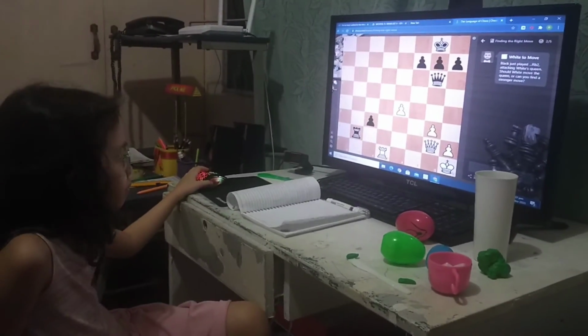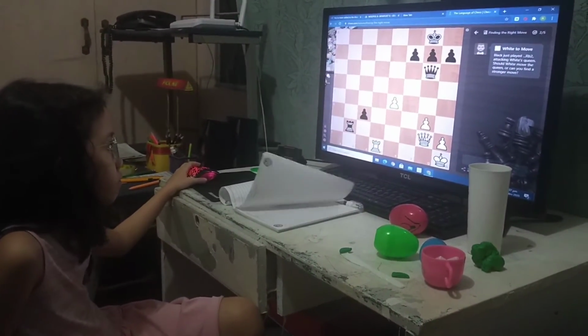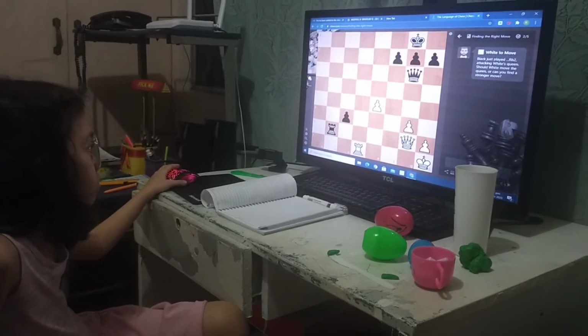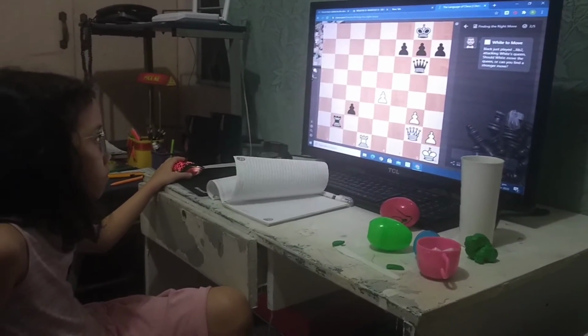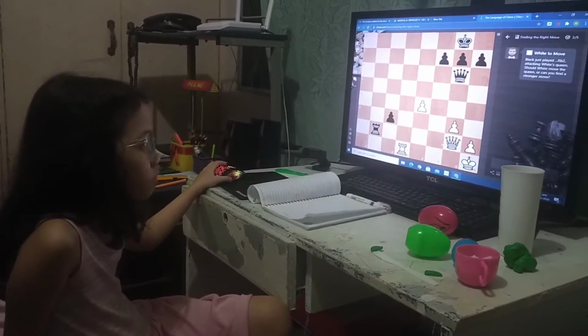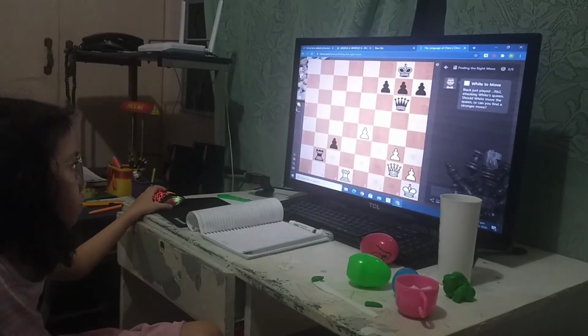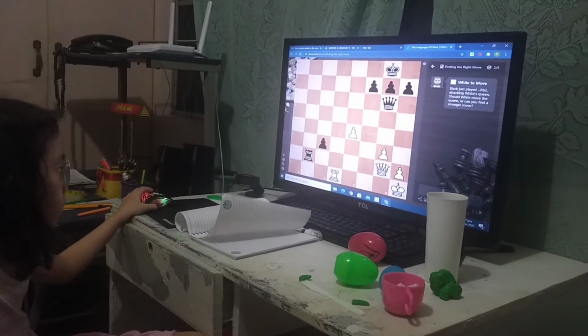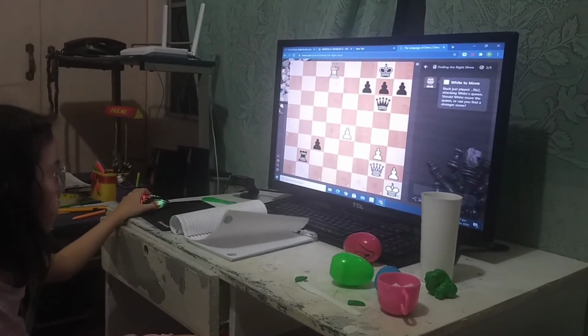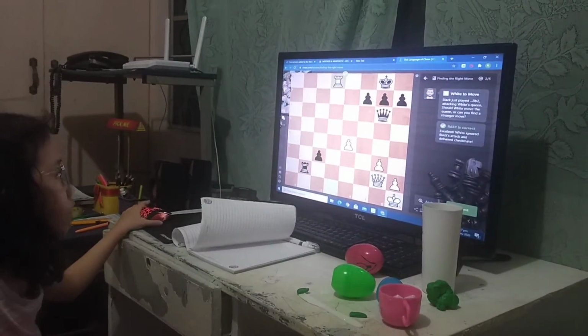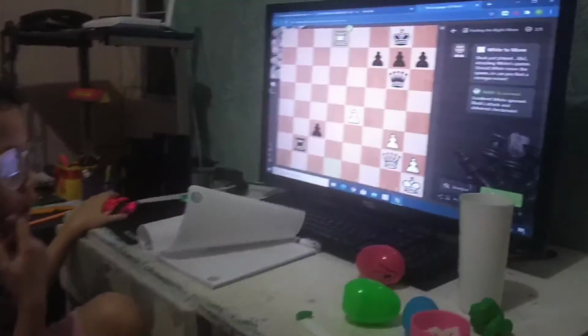One move, checkmate. White to move. Rook move. Yan. Next.